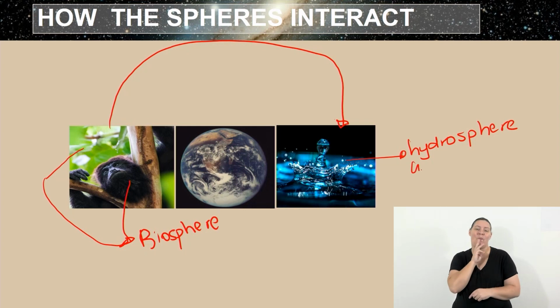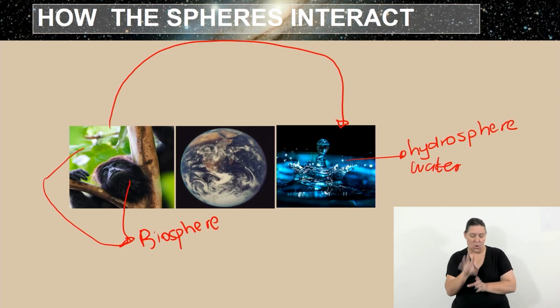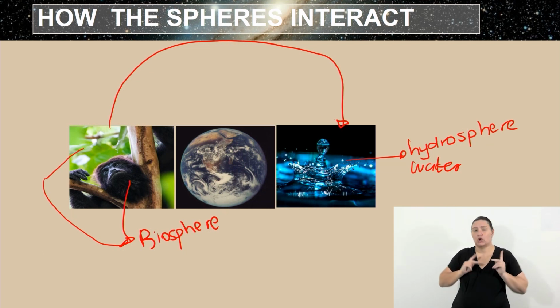Remember that in order for plants to grow, they need water from the soil. So the water from the soil will be absorbed via the roots of the plant in order for the process of photosynthesis to occur.